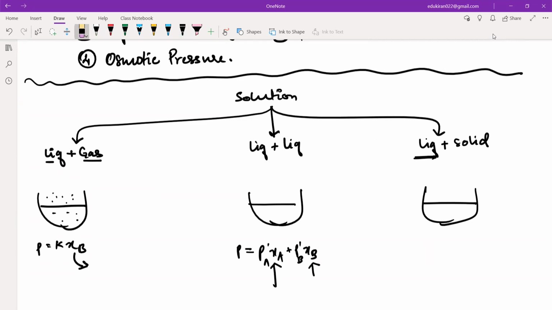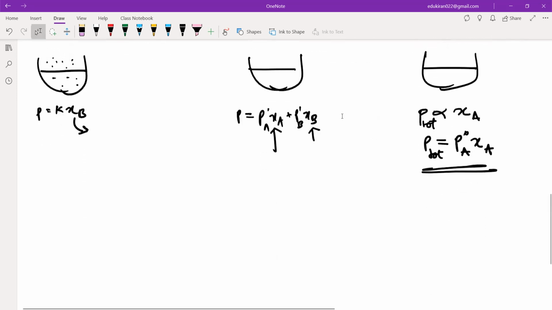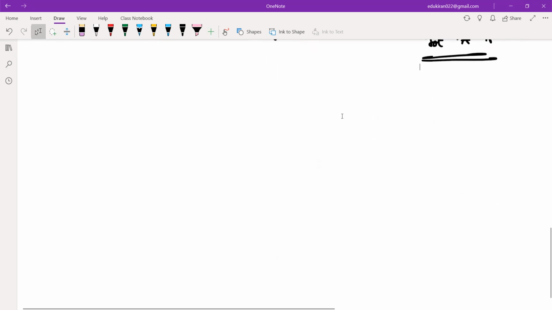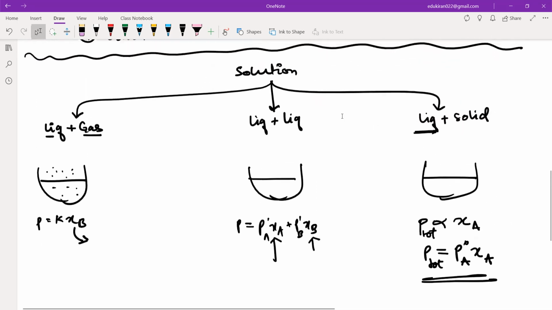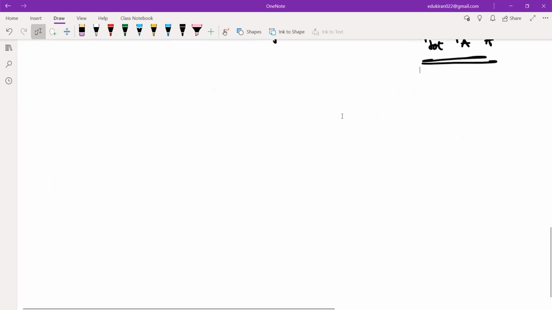So the pressure in this case, where you have liquid and solid solute, will be directly proportional to chi A, and P total or P solution is equal to P naught A chi A. Is this clear? Now let us write relative lowering of vapor pressure.